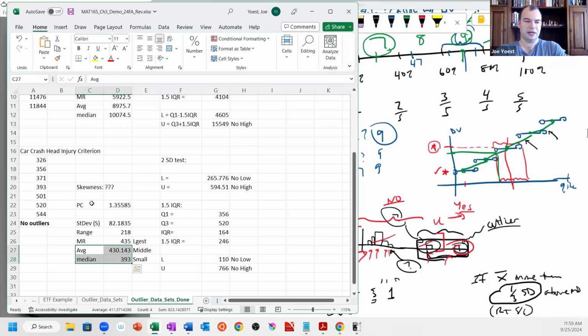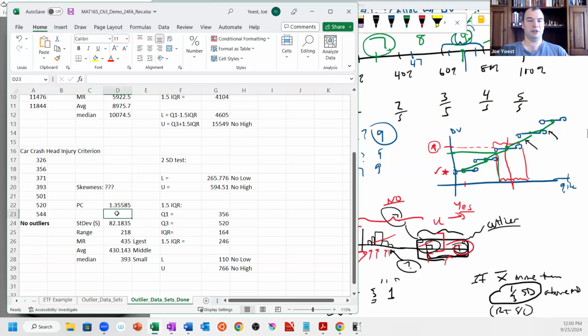I don't think there are any outliers here, even though it turns out the Pearson coefficient is a little bigger than 1. We get a little bit of disagreement between our Pearson coefficient, suggesting some right skewedness, at least one high outlier, versus our tests for outliers, indicating no outlier. A little bit of disagreement there, right?